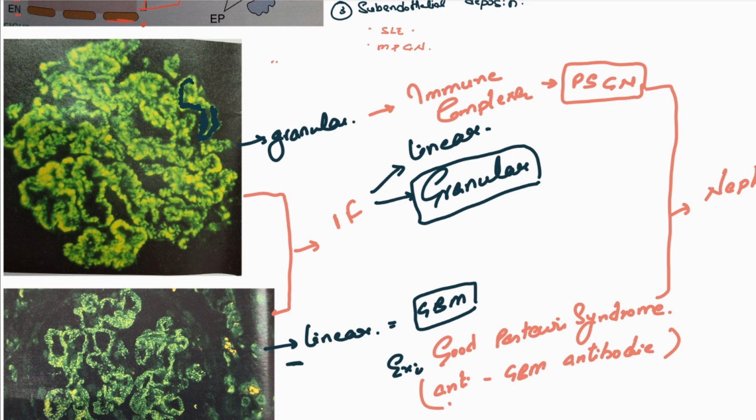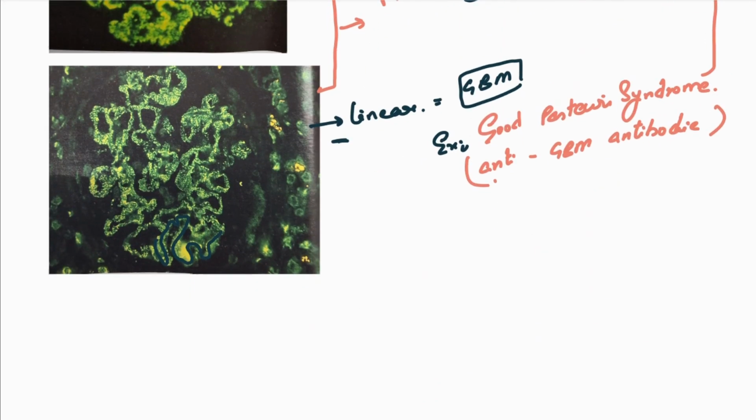And the most important one is light microscopy. So what are you going to see in the microscopy? In the light microscopy, you will observe the cellularity, like whether the glomerulus is enlarged or whether it is hypercellular or any accumulation of the neutrophils.